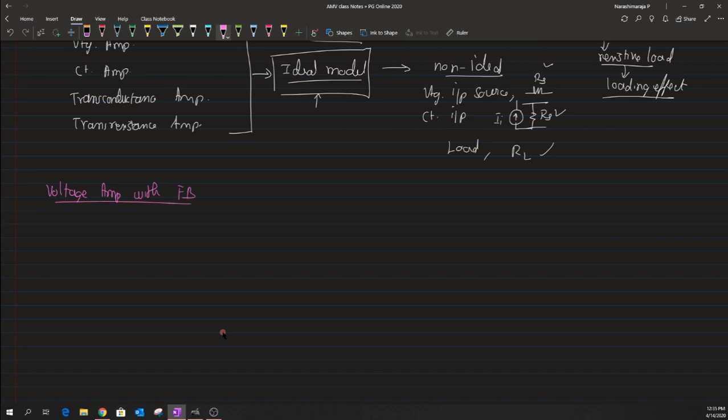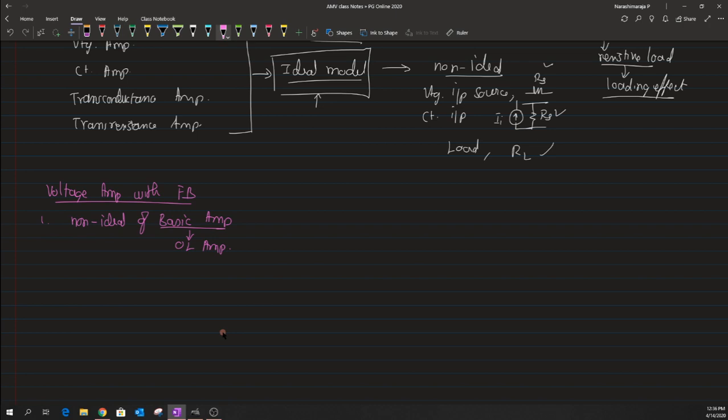The discussion of this particular amplifier with feedback will fall into two categories, and all the other types of amplifiers that we are about to discuss will also have two cases. The first case is taking the non-ideal model of the basic amplifier. Whenever I say basic amplifier, I am talking about the open loop amplifier.